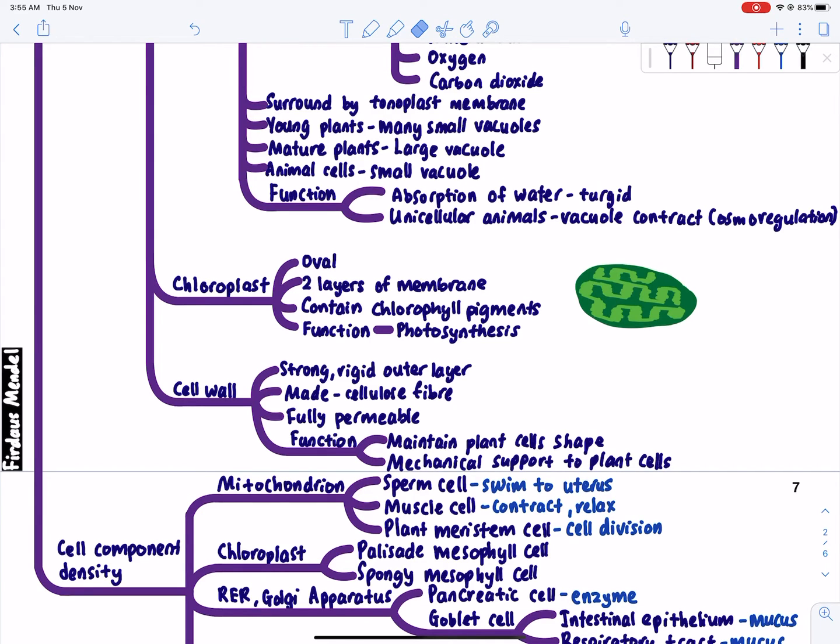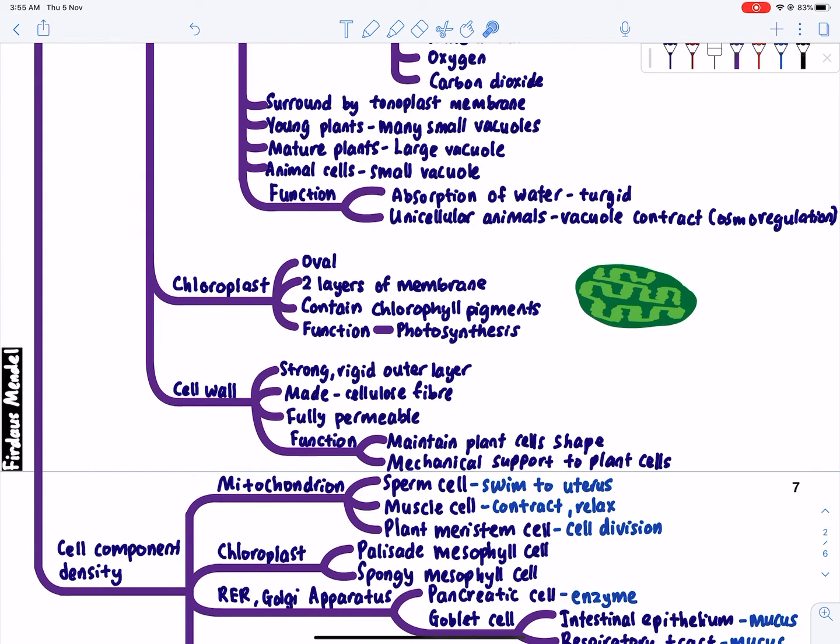This cell wall is a strong, rigid outer layer made from cellulose fiber, fully permeable. Fully permeable means all the substances can move in and out of the cell. They have holes, which, if I'm not mistaken, we call plasmodesmata.